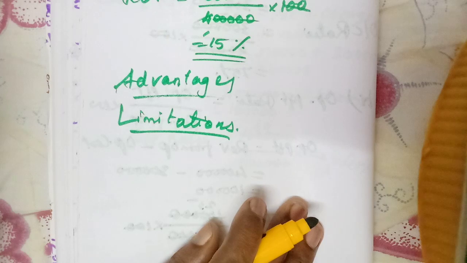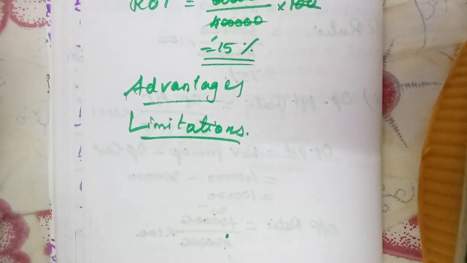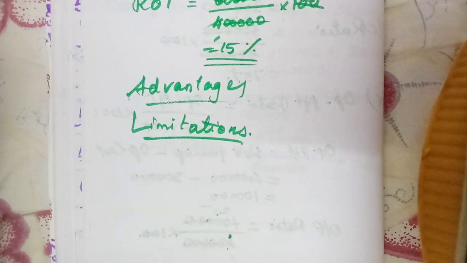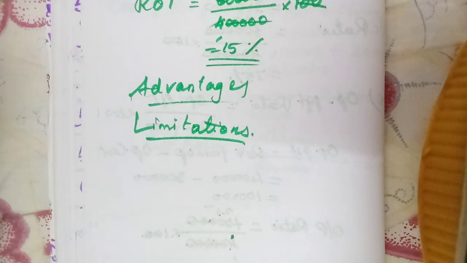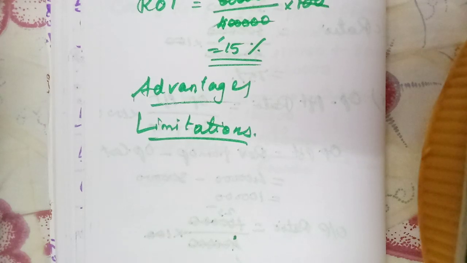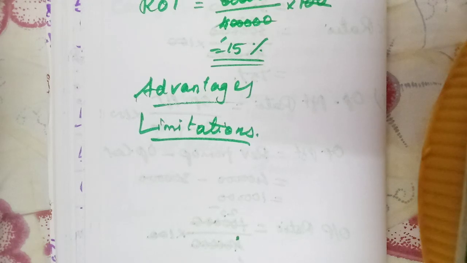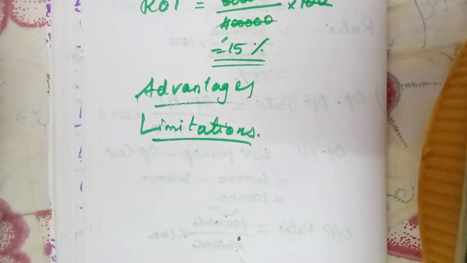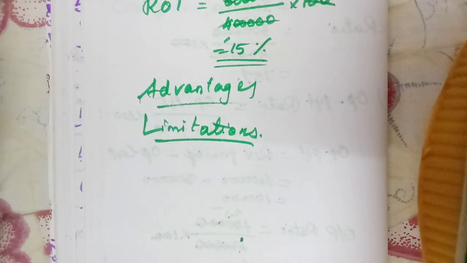So now we will mark these limitations. Limitations, 317. Ratios are only means, then accuracy of financial information. These two headings you mark. Then short answers.